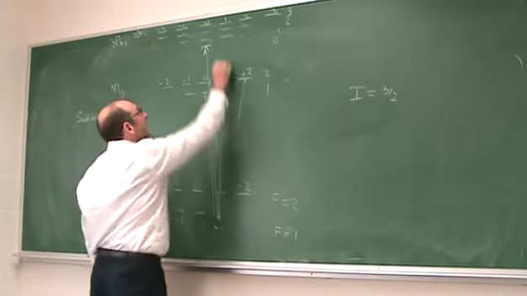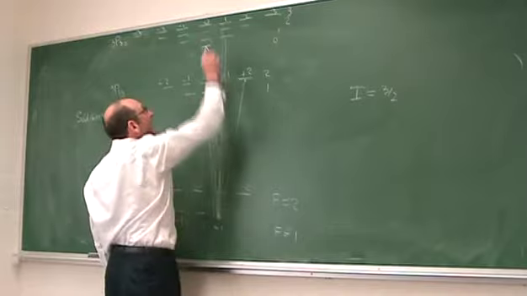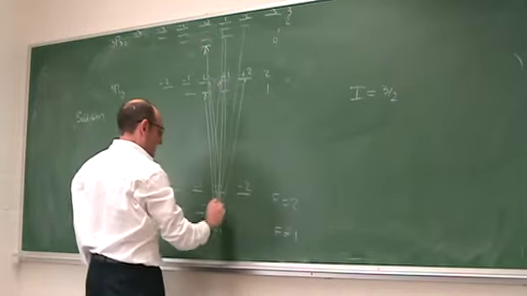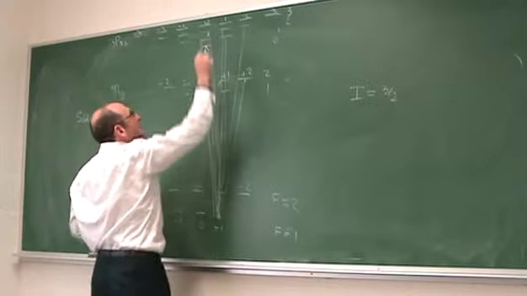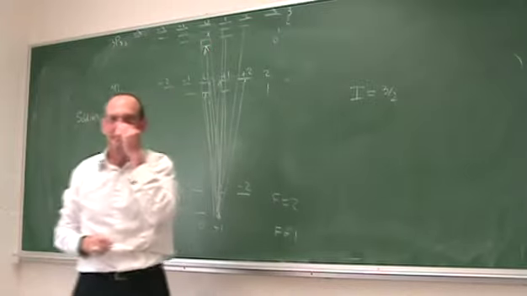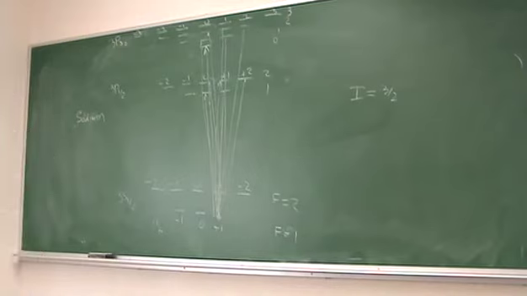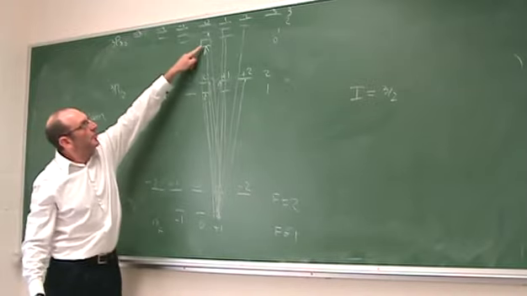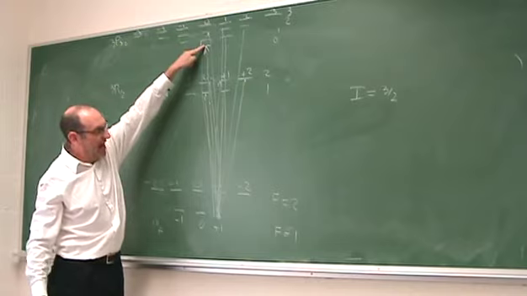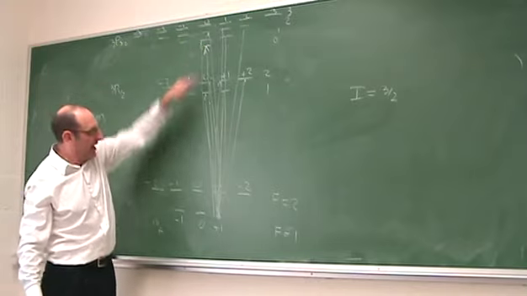And I can go to here, and I can go to there, and I can go to there, and I can go to there, etc. But I can't go up here, because that's delta F equals 2, etc., etc. If I start here, for example, here I can only decay down to here, but I can't decay to here.